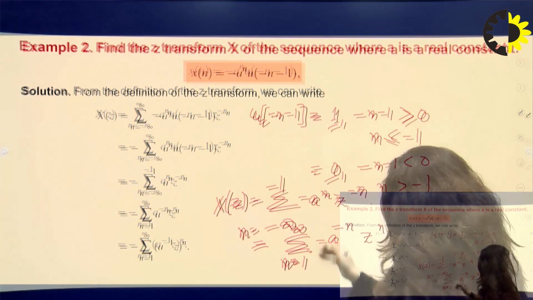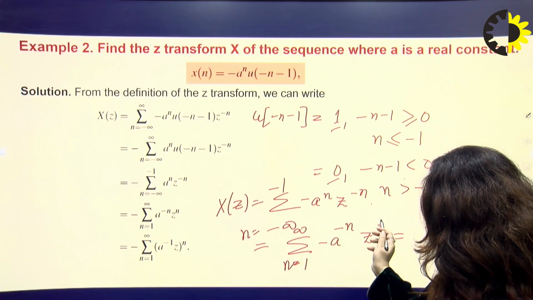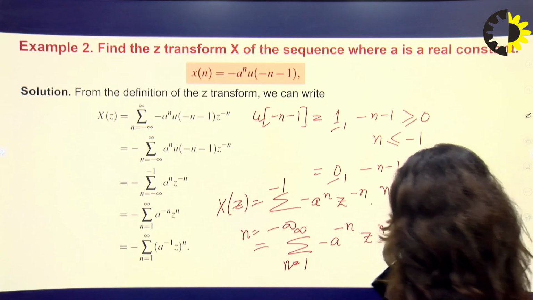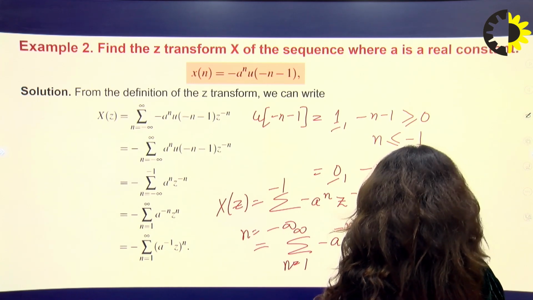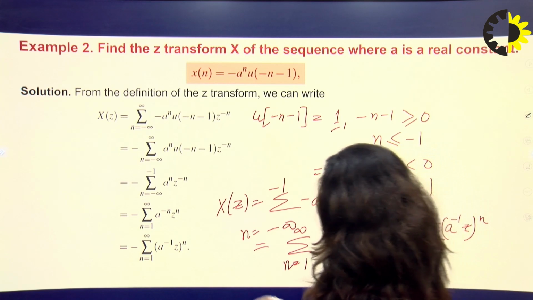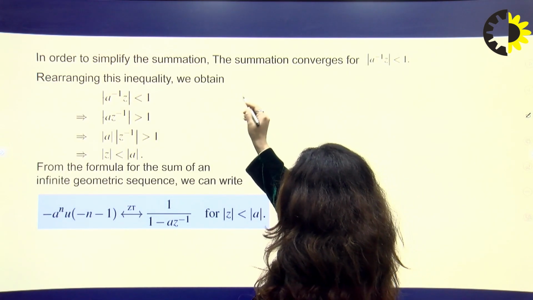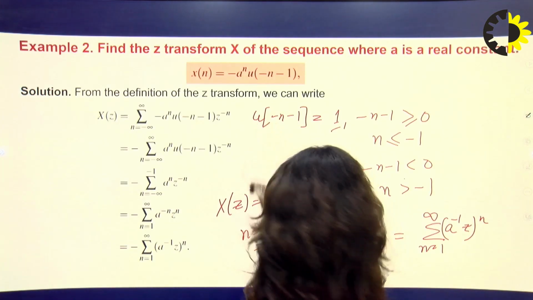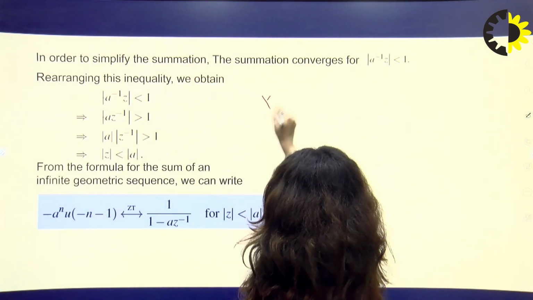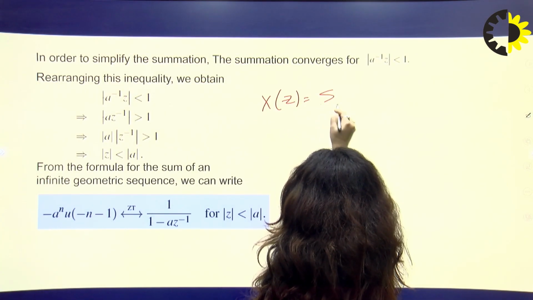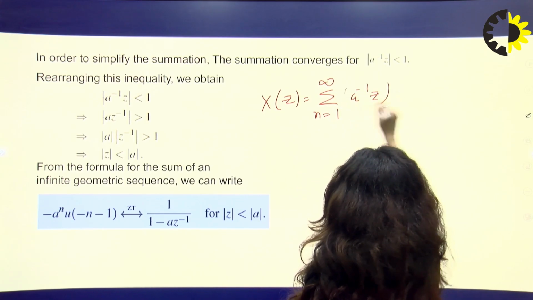When you replace the limits in the summation, you have to replace the sign of n in the expression also. So a inverse z to the power n, and when you solve this, you will get this particular expression, X of z, that is summation over n equal to 1 to infinity of a inverse z to the power n.